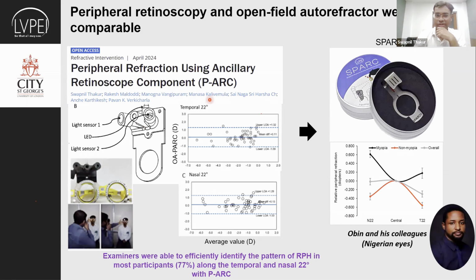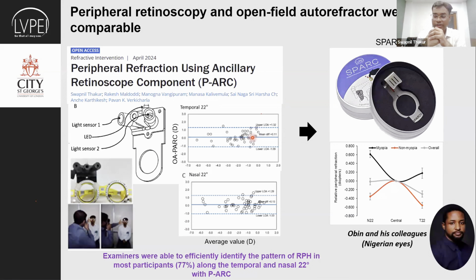We published this study in TVST in 2024, where we wanted to compare the peripheral refraction values obtained from retinoscopy with those obtained from the open field autorefractor. While doing the analysis, we found that in both temporal 22 degrees and nasal 22 degrees, there were comparable findings between the PARC using retinoscopy and the open field.